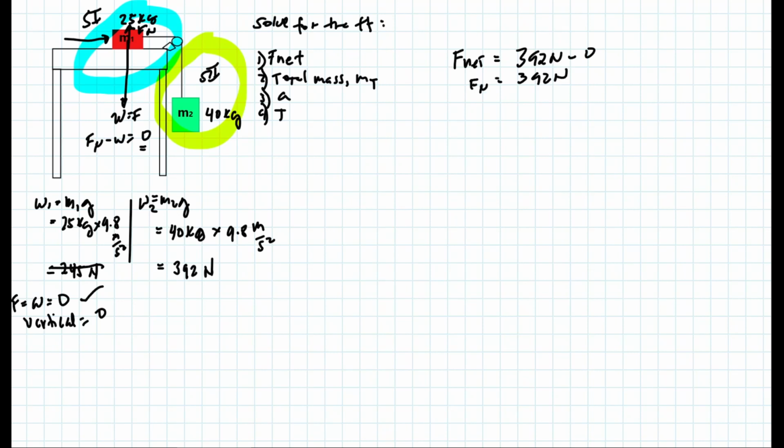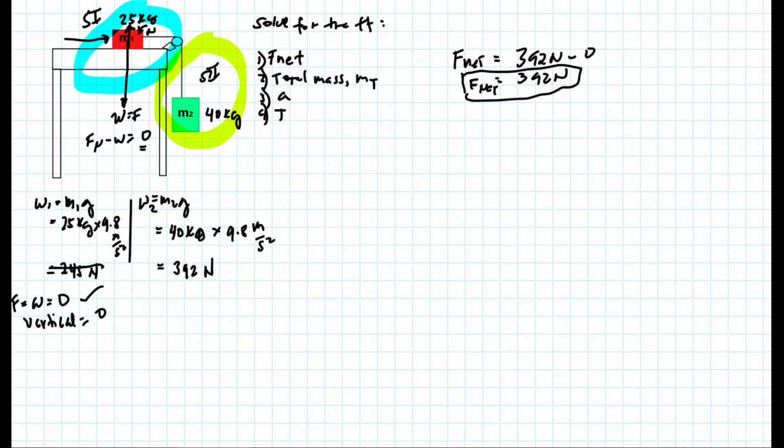So this is our F net. Again, W1 is 0 because we're not interested in vertical forces exerted by M1. We are only interested in the horizontal forces that it will exert against M2. So this is our F net for systems 1 and 2.